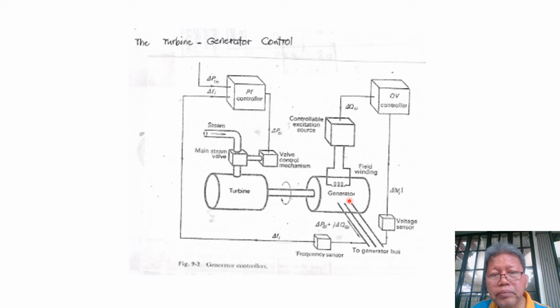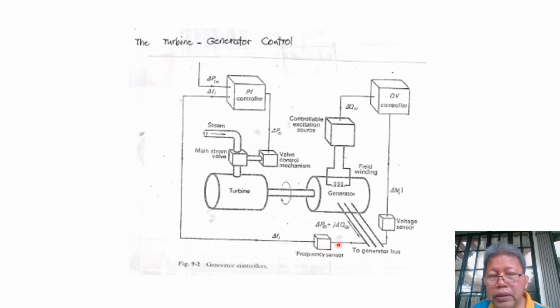So for the frequency, we need to connect our frequency sensor to one of the terminals of our generator. And then the actual frequency generated by the generator is compared to the standard frequency, which is set at the frequency sensor at 60 hertz.